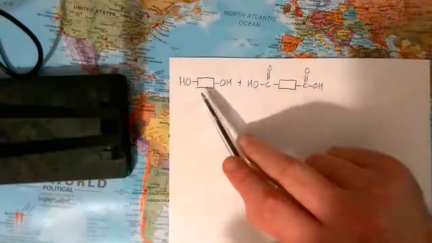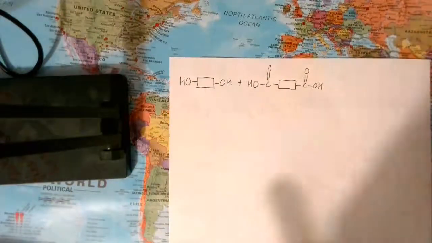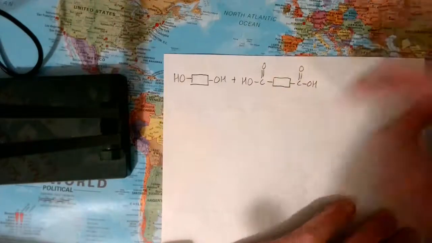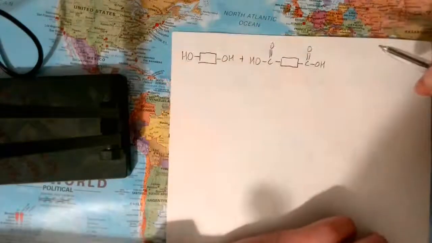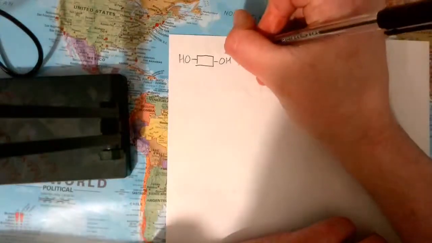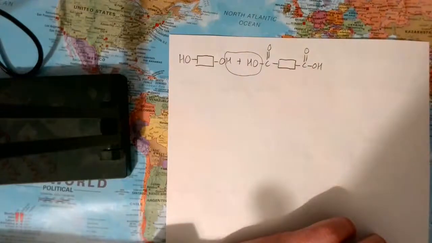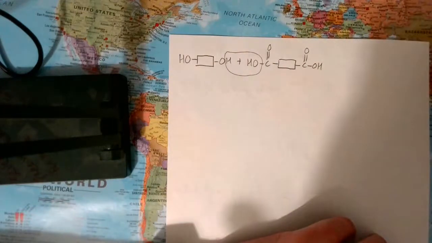The best news when you draw these is they're going to put a little box in the middle that basically ignores everything else that's in there. And so what happens is each time you are going to remove water because it's condensation.